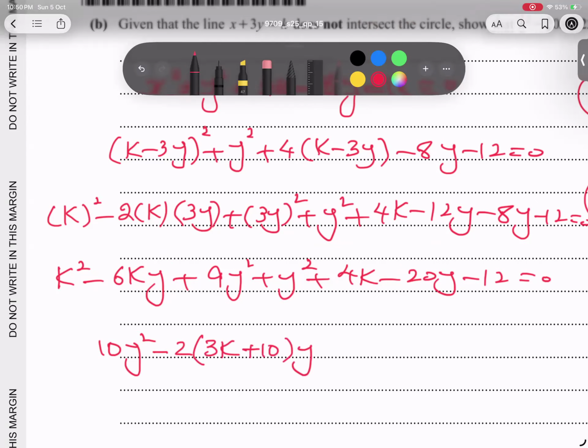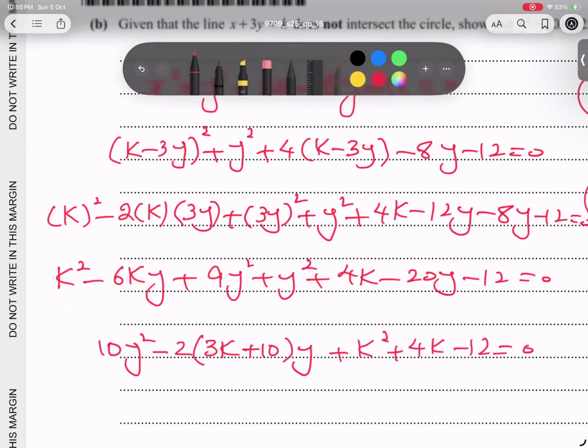How come? From this and this, the negative comes out, so both are positive, and y is common. Now what is left behind? The terms with no y at all: k squared plus 4k minus 12 equals 0.